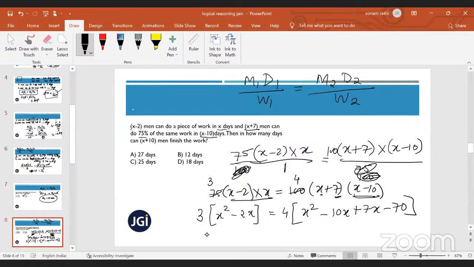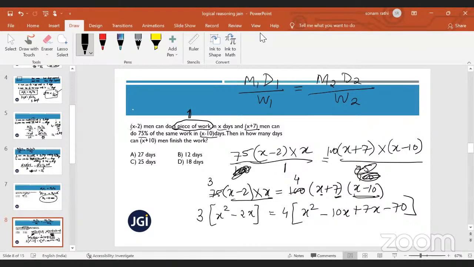You have to solve that quadratic equation.